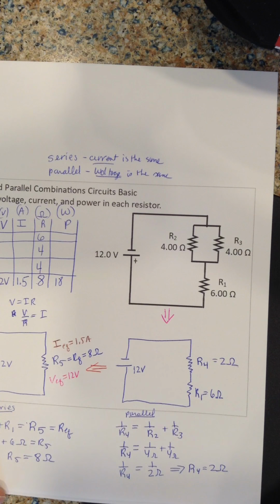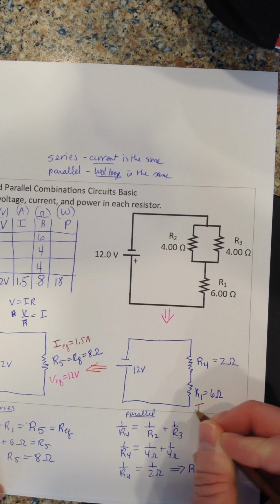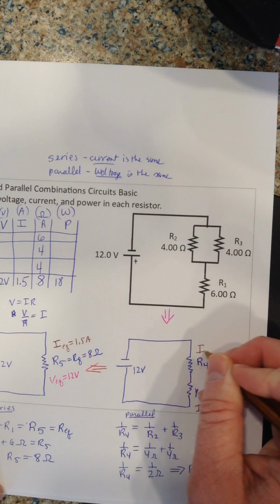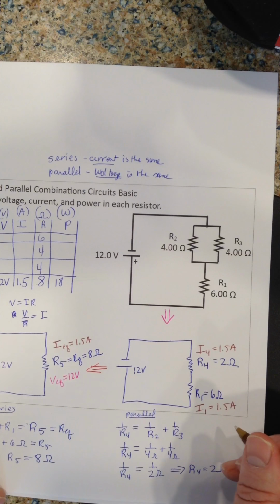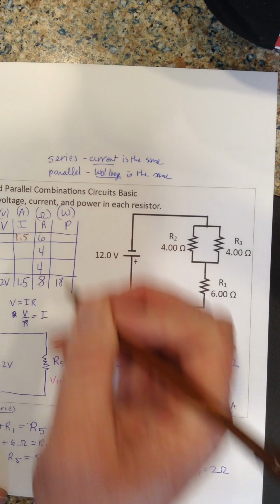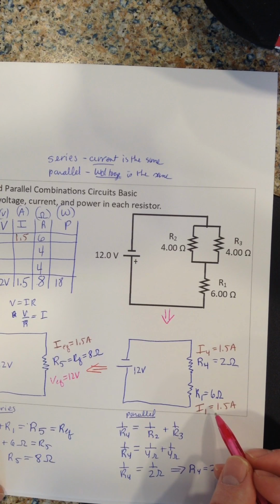In R1 and R4, they should have the same current. So that means I1 is 1.5 amps and I4 is 1.5 amps. Now I can figure out the voltage in each part, using V equals IR.